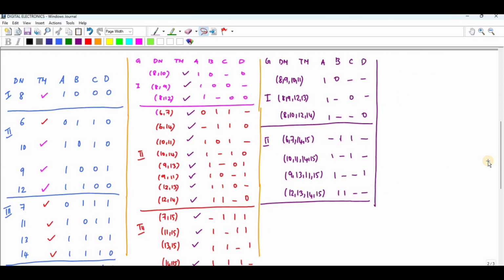So next step is to compare the first and second group elements.